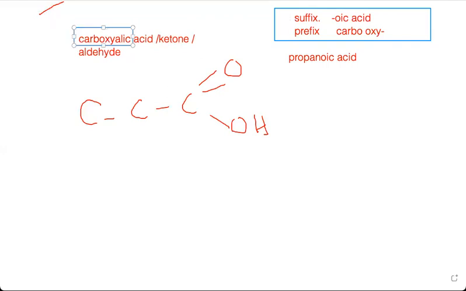So the given chain on the screen is propanoic acid. You can say propane-1-oic acid. But let me tell you one thing. We had already discussed in a previous class that carboxylic acid will be attached at the corner carbon only. You cannot see carboxylic acid on the middle carbon.